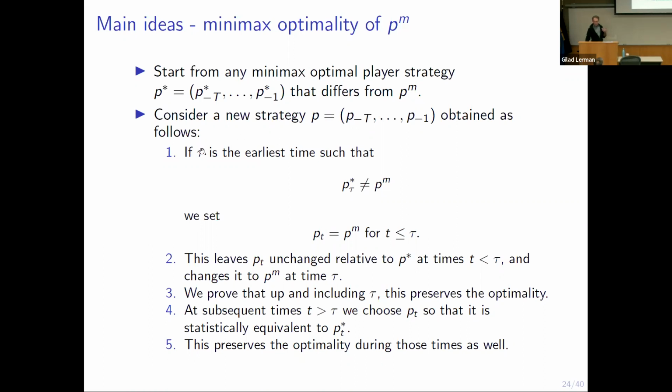Since tau is the earliest time when the two strategies differ, this leaves pi_tau unchanged relative to pi star at all times less than tau, and then only changes it to PM.